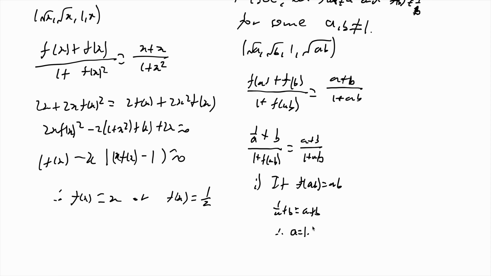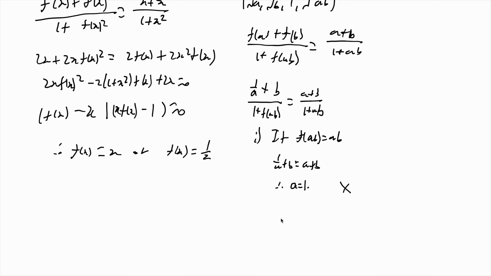If a equals 1, can we find the value of b? You just get f of b equals b, right? Oh, but this contradicts with the fact that a is not equal to 1.